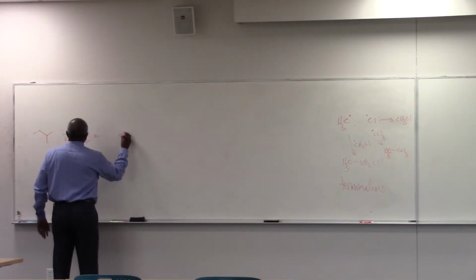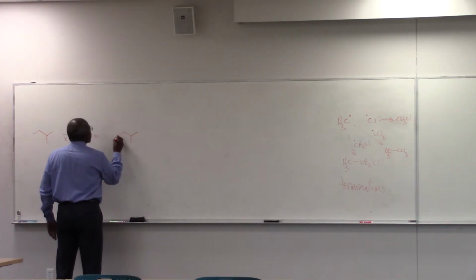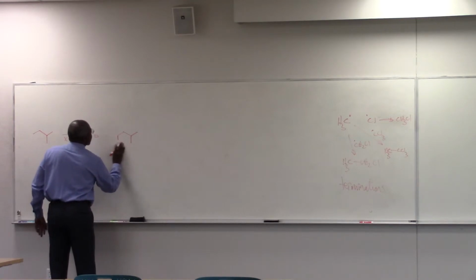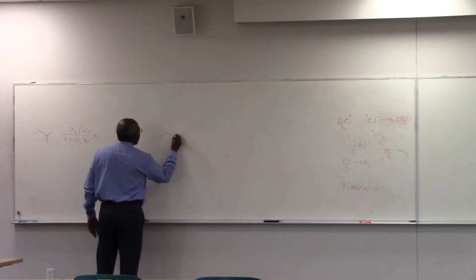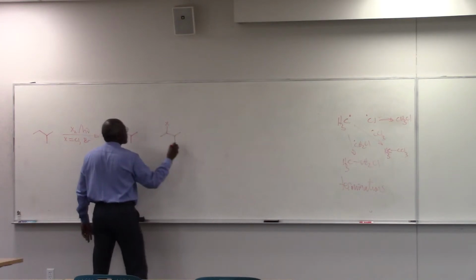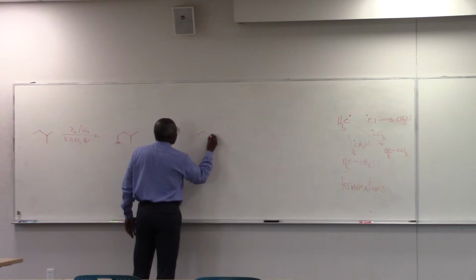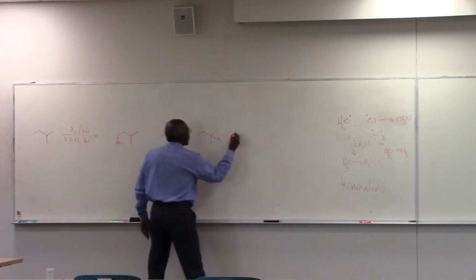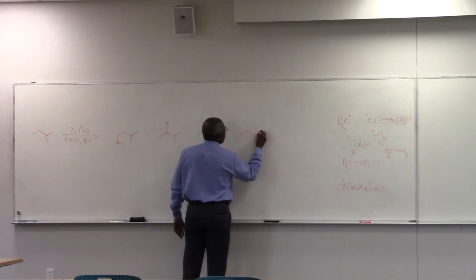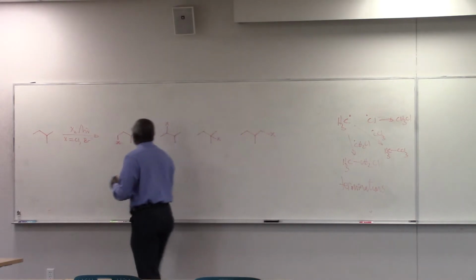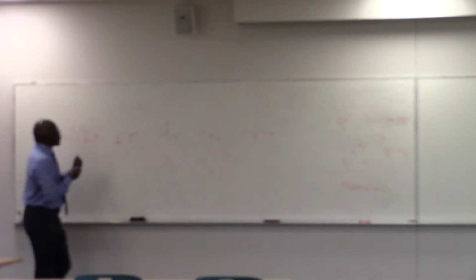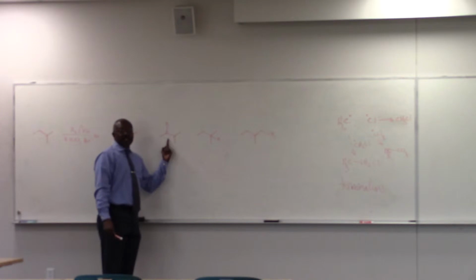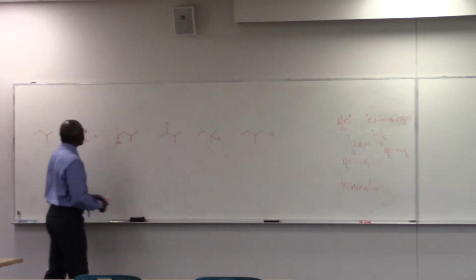So I'll get products where I've got X on this carbon, product where I have X on that carbon, products where I have X on this carbon, and products where I have X on this carbon. So I'm going to get 4 constitutional isomers. We will see in short measure that there are actually 2 of these, but that's another question.